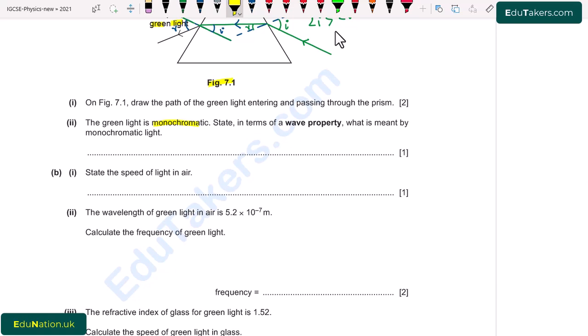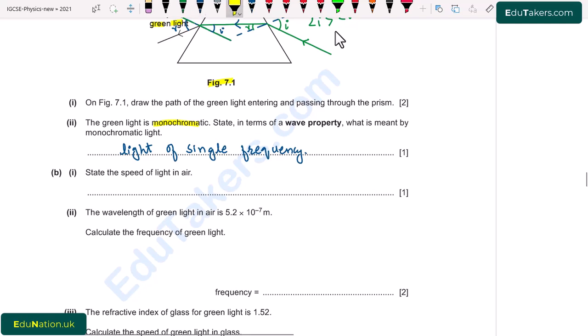Monochromatic light is that which has a single frequency. We know that the green color has a specific value of frequency, so it's a monochromatic light. I write here: light of single frequency. It is called monochromatic light.